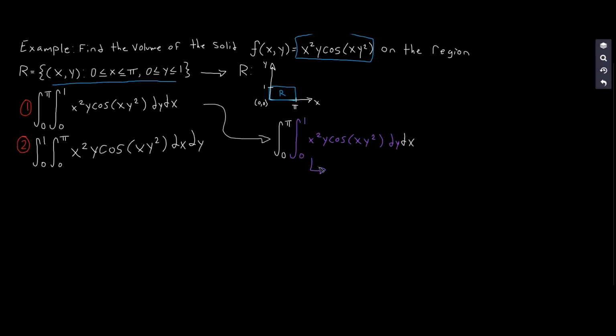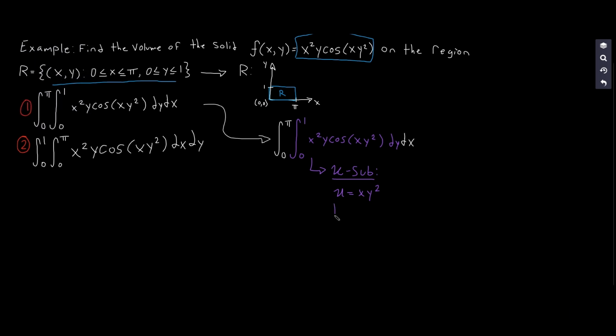It's not funny, because we're going to be doing U substitution, and so we said that we wanted to set u equal to x y squared, and this is because it's inside of the cosine operator. And I'm going to do this because I'm going to have to do those bounds of integration.